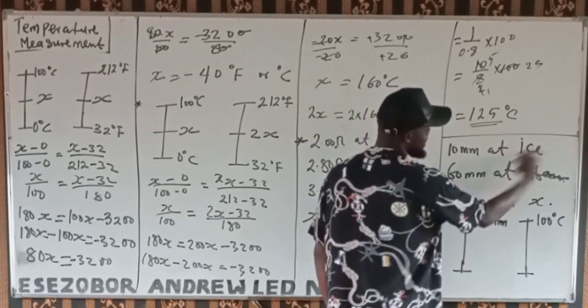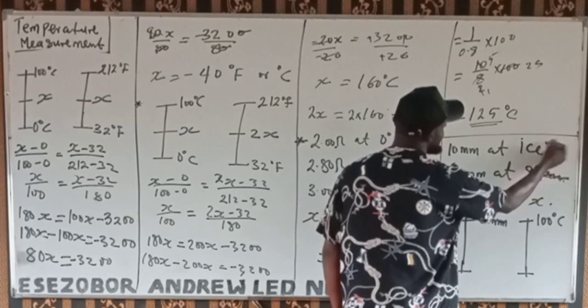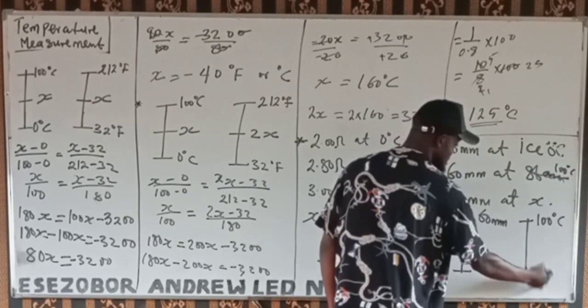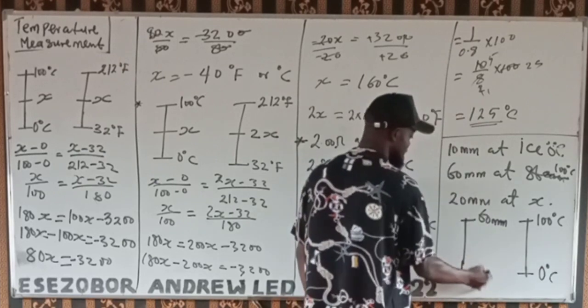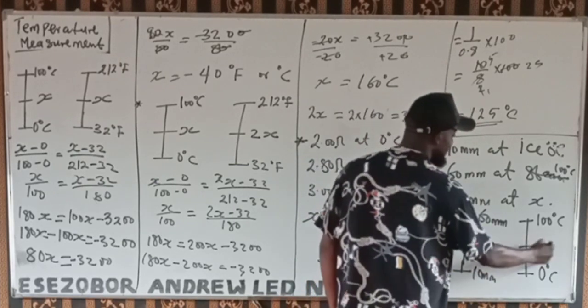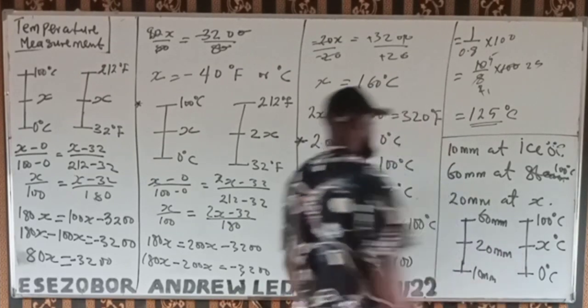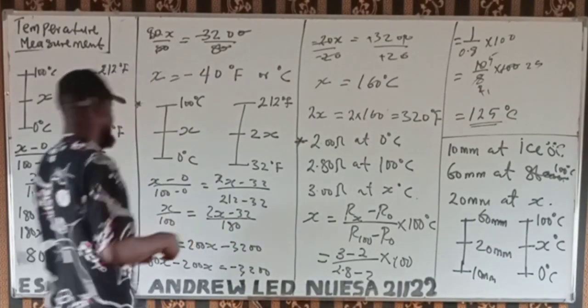Then at ice point, ice means 0 degrees Celsius, which corresponds to 10 millimeters. So what value in degrees Celsius corresponds to 20 millimeters? That's what I'm trying to say.